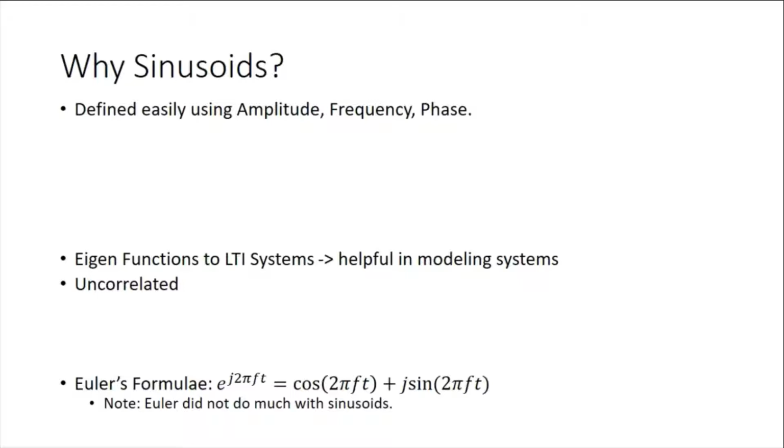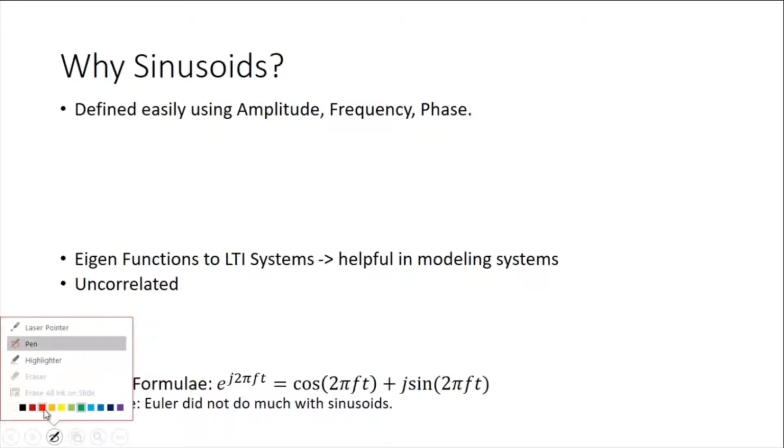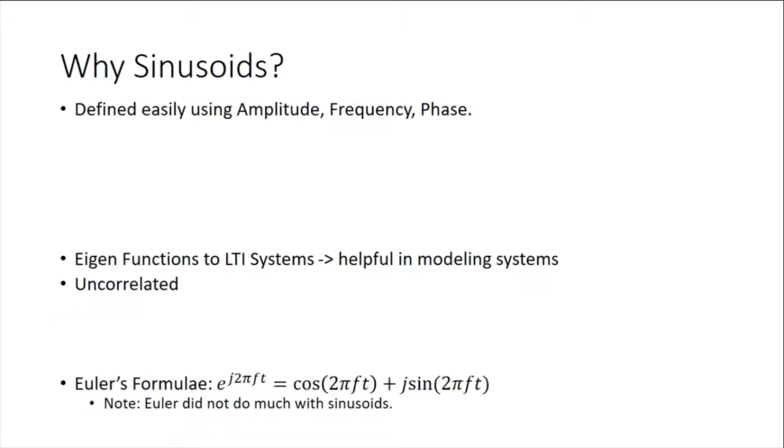Well, sinusoids have a few interesting properties, and each one of them is kind of good. So first of all, for anybody who has ever worked on it, sinusoids are pretty easy to define.